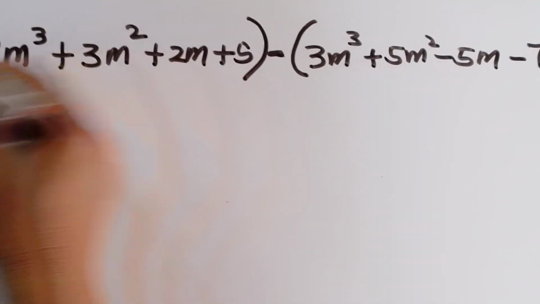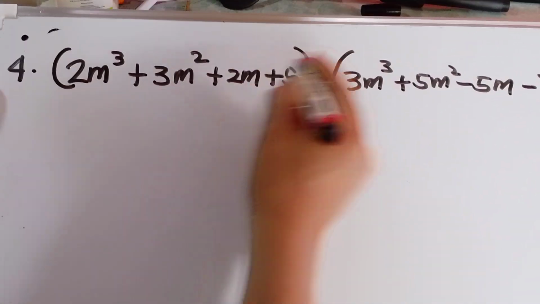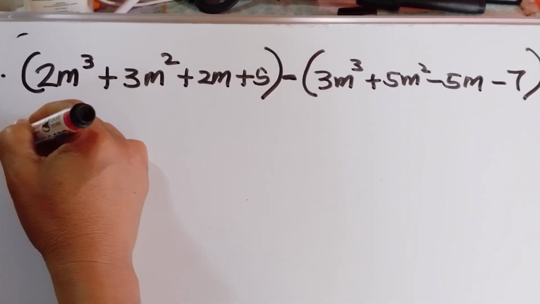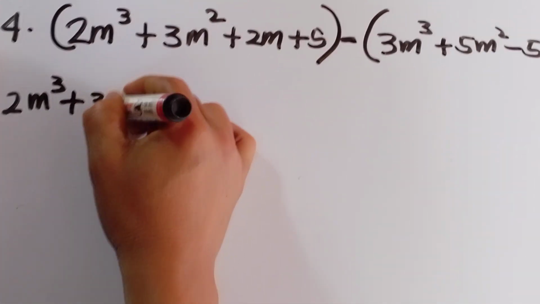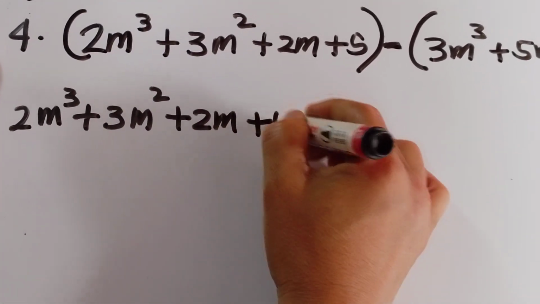Okay, the same procedure. I need to remove the signs of grouping or the brackets. So I have here 2m cubed plus 3m squared plus 2m plus 5.